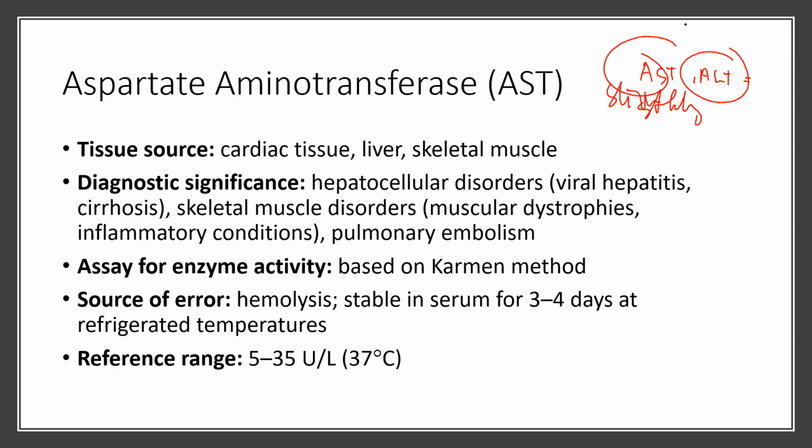Now, the clinical conditions associated with aspartate aminotransferase: hepatocellular disorders, which include viral hepatitis and cirrhosis. That's why I said we will revisit liver function and its diseases in connection to enzymatic activity. Also skeletal muscle disorders such as muscular dystrophies and inflammatory conditions. Pulmonary embolism is also considered.